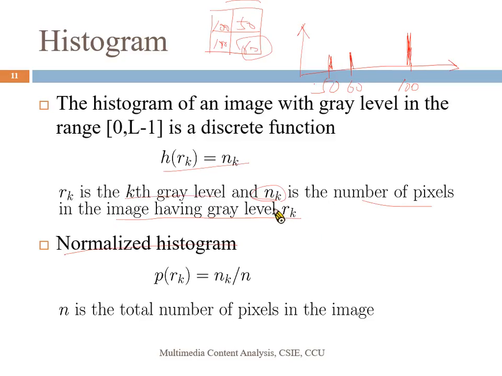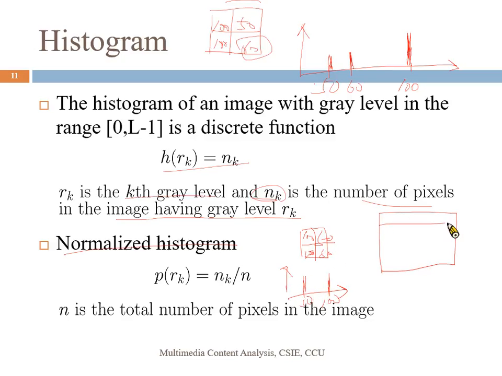For example, we have a small image here, and we may have a large image here. The smaller image has far fewer pixels. So for example, half of them are 100 and half of them are 50. We can see that at 100 we have 2 pixels, and at 50 we also have 2 pixels.